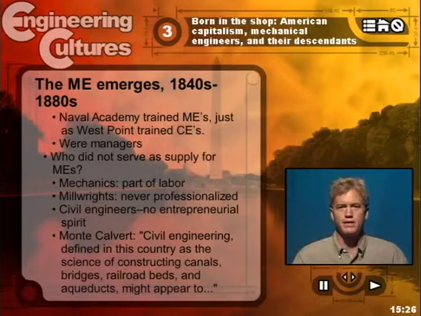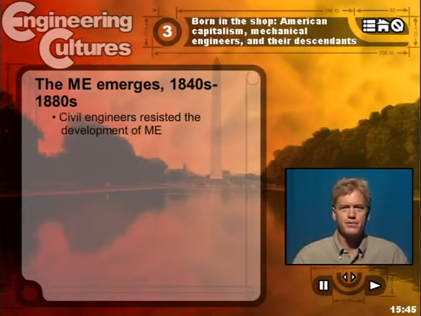You see, the mechanical engineers, often trained as apprentices, were working alongside mechanics, but there were social class differences that tracked the engineers into the higher positions and held back the mechanics. The civil engineers, in fact, actively resisted development of mechanical engineering as a distinct profession.